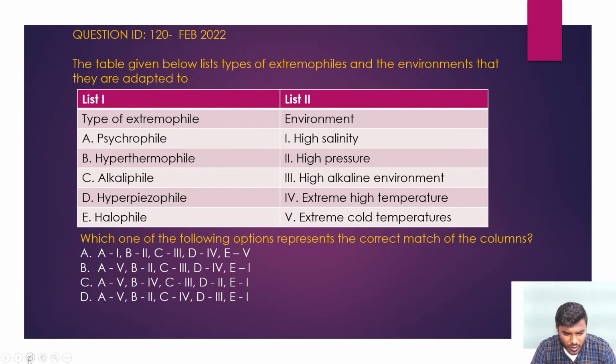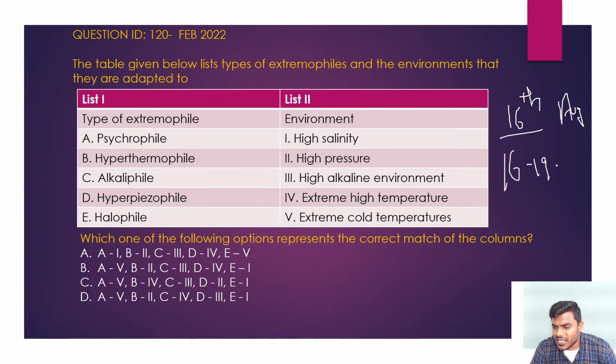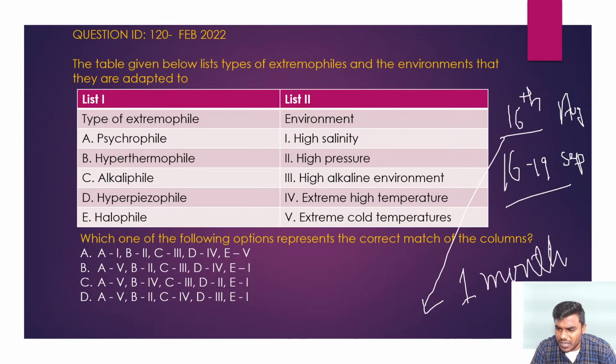Okay, anyway, tomorrow I am conducting one session. So tomorrow is what date, friends? Tomorrow is the 16th of August, and our exam will be between 16th and 19th September. So I will give a 1 month timetable for all of you, and I am not saying to follow this timetable strictly, but I can give the most feasible and possible timetable.